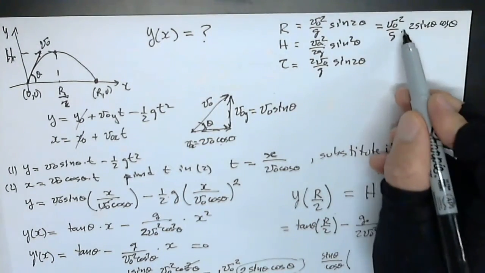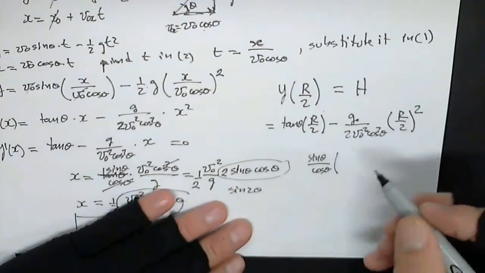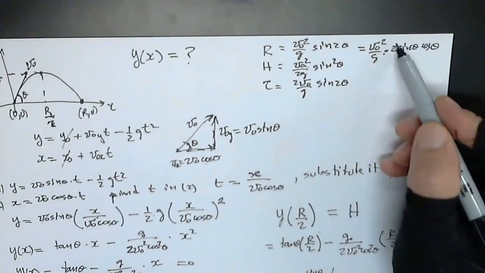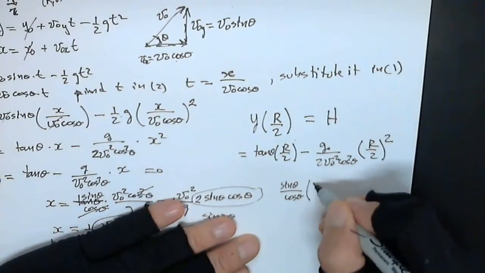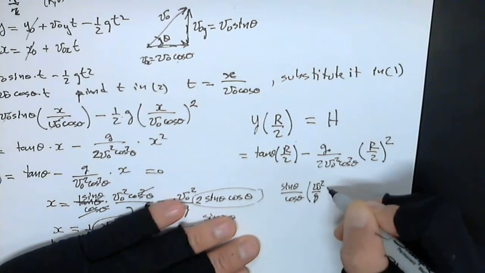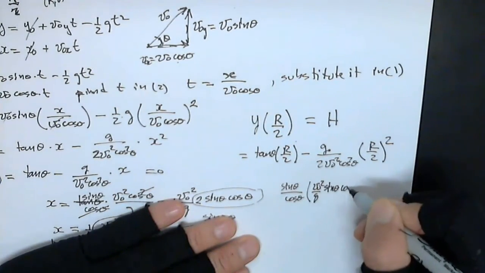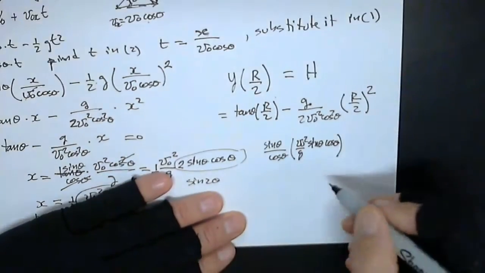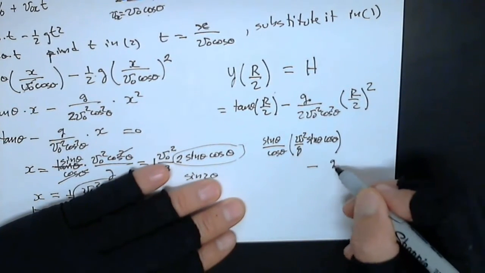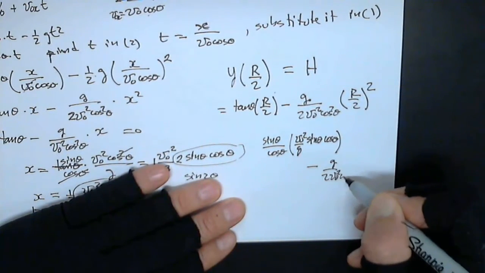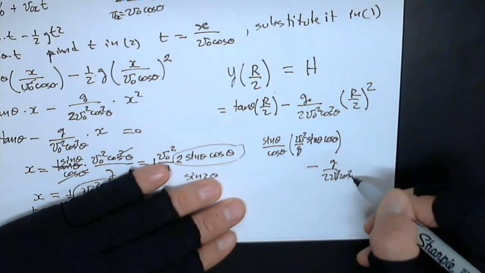So this is the one that I'm going to be using. And if I divide by 2, these two cancel, and I get v naught squared over g sine cosine minus g over 2 v naught squared cosine squared.